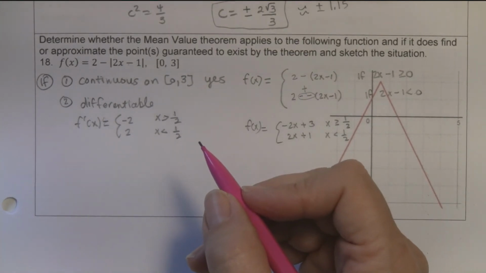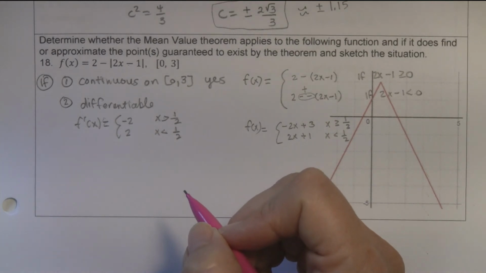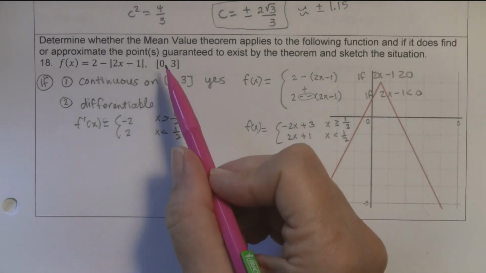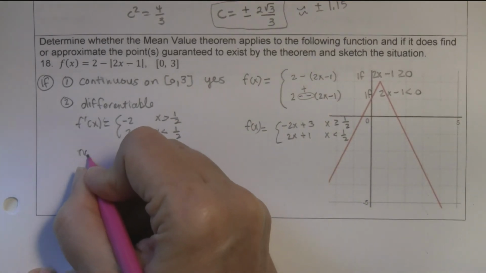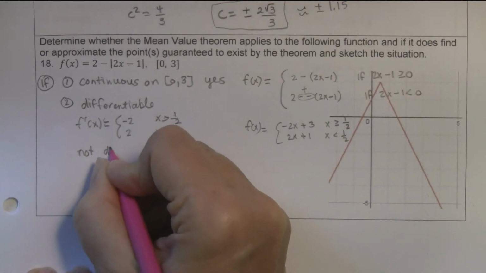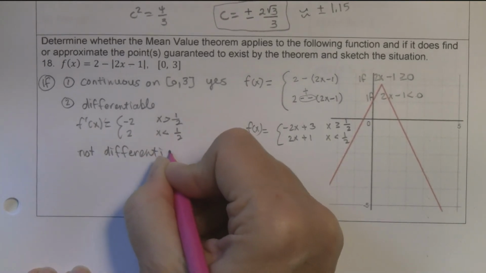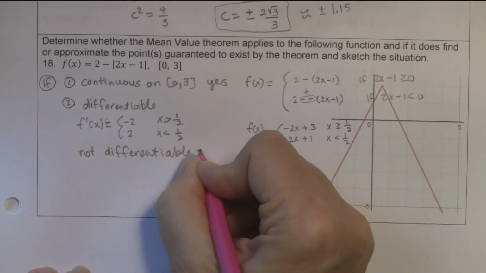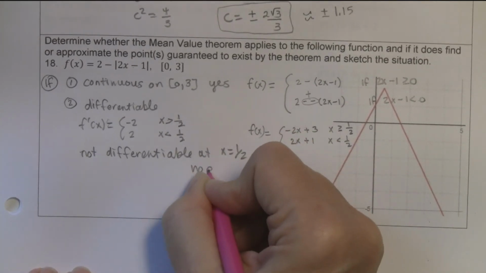It's not differentiable at half. They're different from one another at half. So is it differentiable on this interval? It's not differentiable at x equals half. So nope, it doesn't meet the condition.